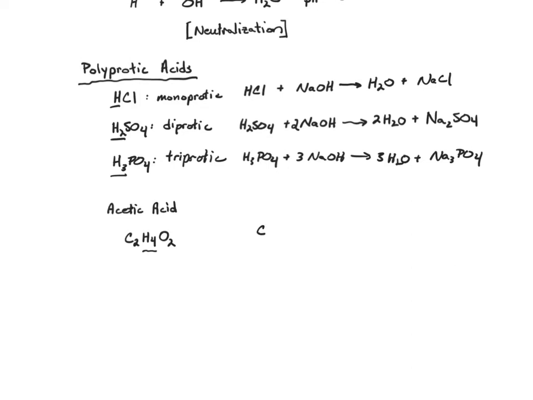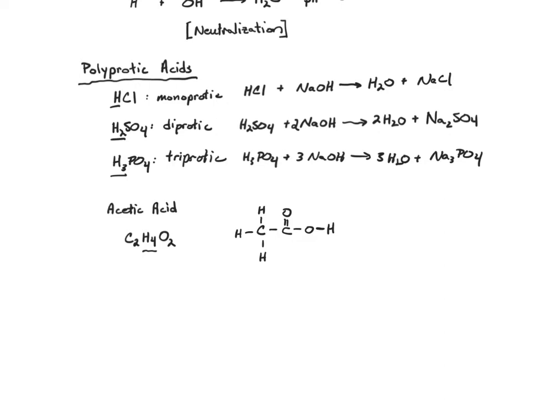If we were to look at the Lewis structure for acetic acid, what we would find is that 3 of the hydrogens are attached to a carbon, and 1 of them is attached to an oxygen. So there are 3 of one type and 1 of another.